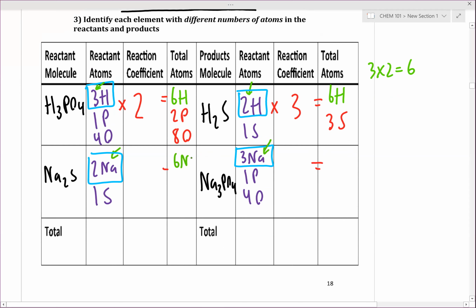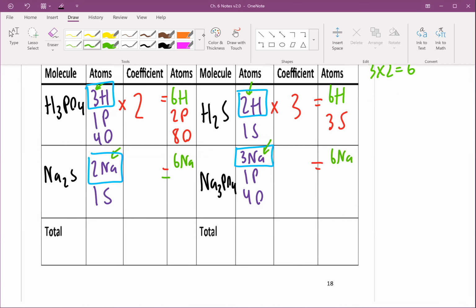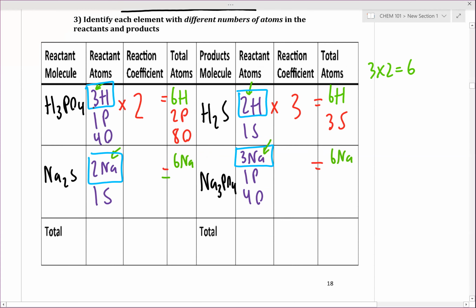So we'd want 6 sodiums on each side. So then all we have to do now is find a coefficient. So for example, for sodium sulfide, what times 2 would give us 6? 3. And for sulfur, 1 times 3 gives us 3.